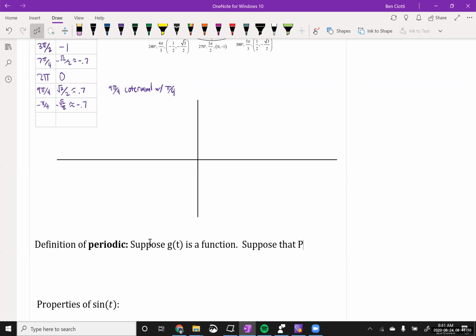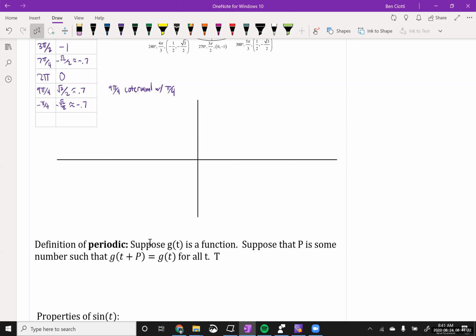Suppose that p is some number such that the following holds. g of t plus p is the same as g of t for all t.